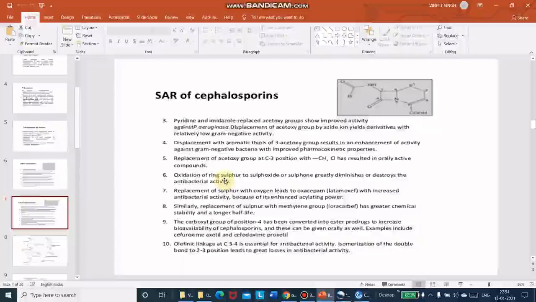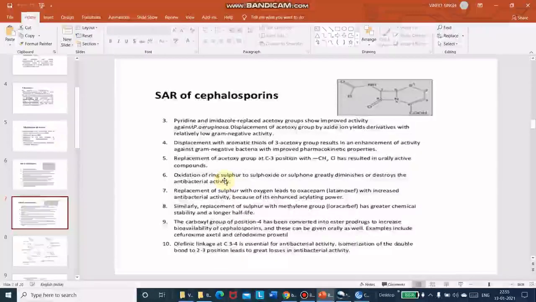Replacement of sulfur with oxygen leads to oxacephem, with increased antibacterial activity because of its enhanced acylating power. Similarly, replacement of sulfur with a methylene group gives greater chemical stability and a longer half-life.